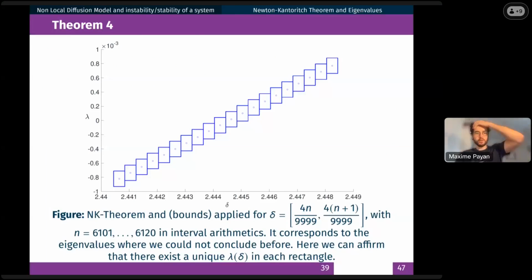Okay, yes. In the theorem of Gershgorin, the eigenvalues are counted with multiplicity. So now we cannot detect the multiplicity of an eigenvalue in the infinite matrix. No, we cannot, but maybe we can detect it numerically.